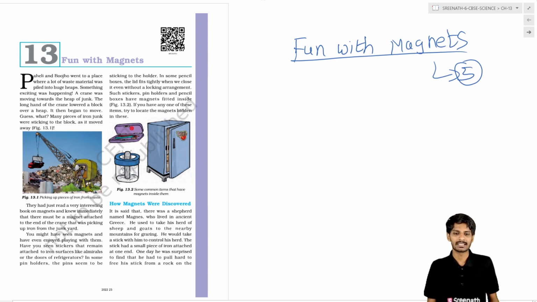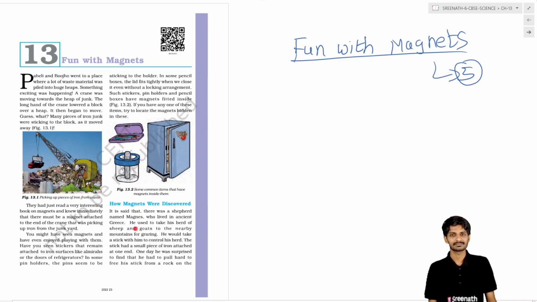So what is there on the box which helps it stick? And when you see this pin box, what happens when you drop some pins? Some pins will stick to the top of this box. So these are the practical real life examples where we observe or use magnets. How were magnets discovered?